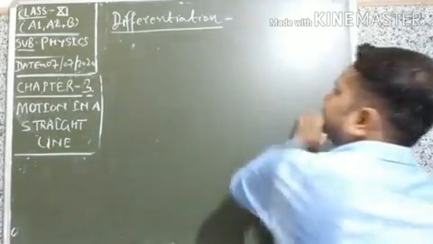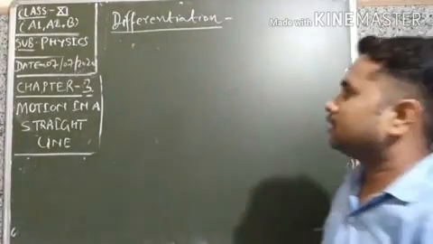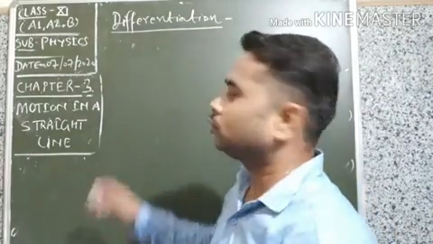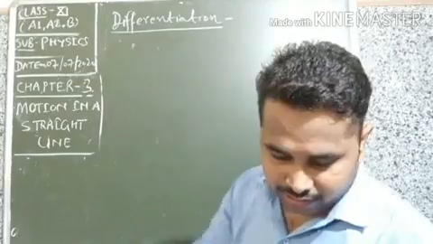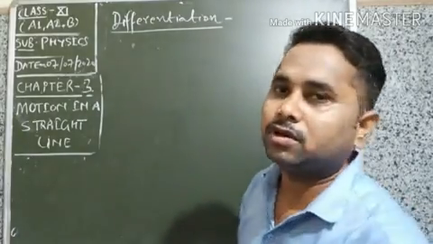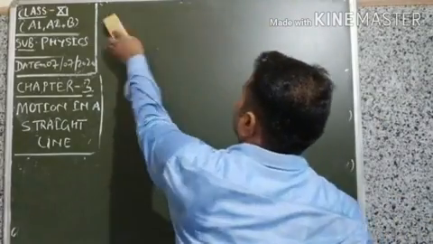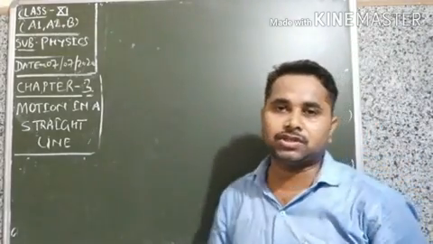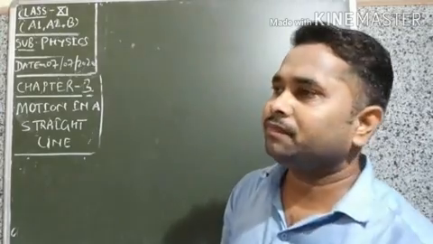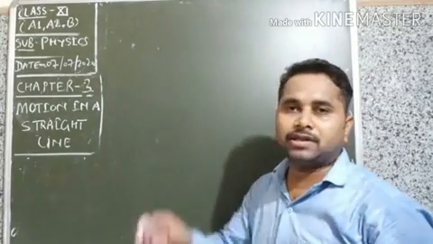So let's start the topics related to motion in a straight line now. This differentiation was very important to discuss here because for the topics in this chapter we have to use differentiation, and integration is also there. Later we will discuss integration.